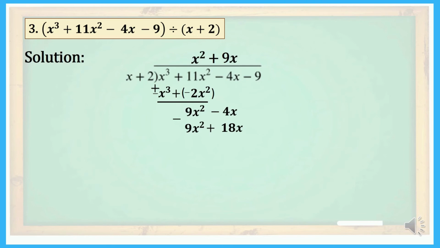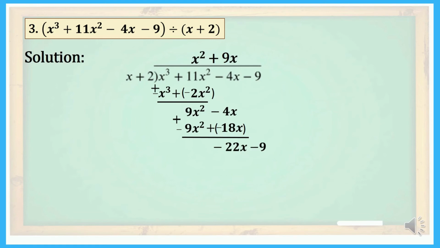Then subtract. Then change the sign of the subtrahend. So positive 9x squared will become negative, and positive 18x will become negative also. Then proceed to addition. Then do the addition process. So 9x squared plus negative 9x squared is 0, and negative 4x plus negative 18x is negative 22x. Then bring down negative 9.